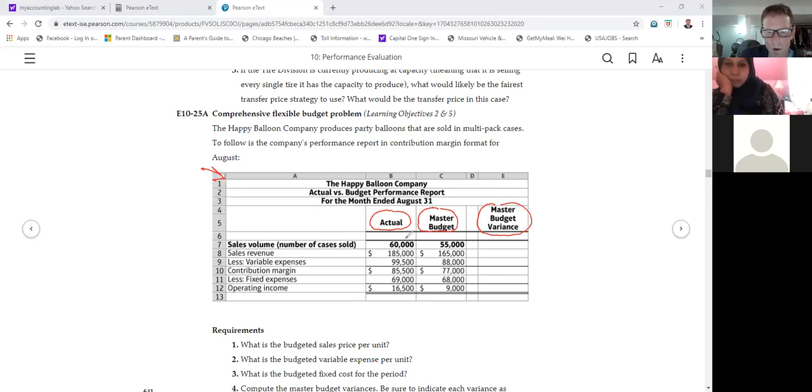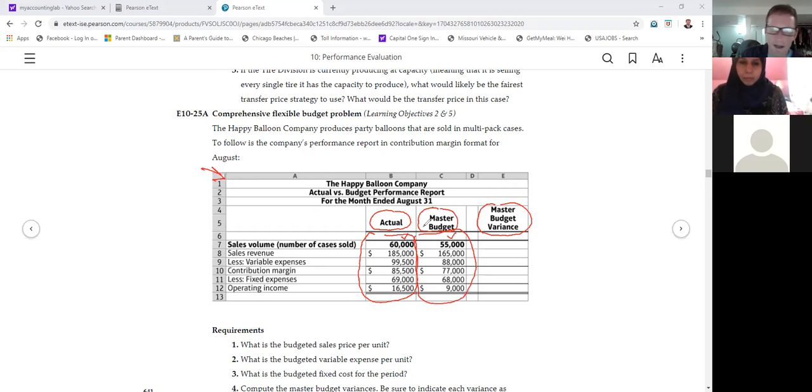Notice we've got in bold, actual number of cases is 60,000. The master budget is 55. Also note that we've got the total actual results right here, and we also have the master budget set up for us as well.